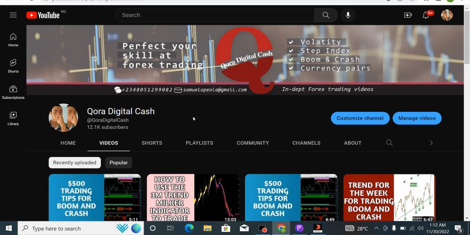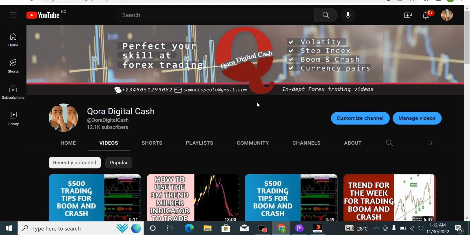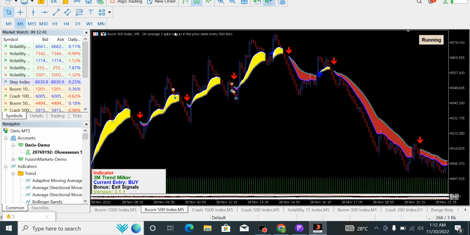So quickly let's go straight into what we have right here. So like I said earlier on, we started a new training session on how to use the 3M trend milker indicator. In case you don't know about it, this is how it looks like. It is a licensed custom made indicator that helps us to trade the market according to the trend. Okay, it gives us our entry point and our exit point, and of course you can always use it to milk the market successfully.